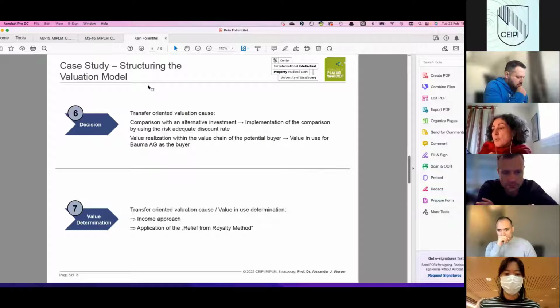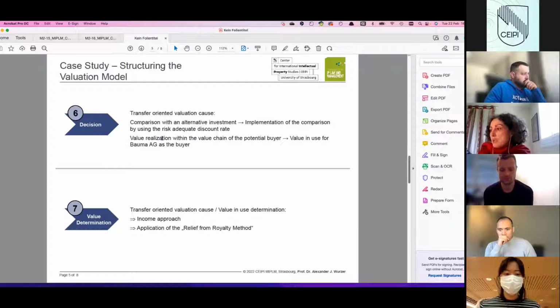So to make the decision about the valuation, he will have to compare this valuation with the alternative investment. To do that, he has to implement a comparison of the risk in the two cases.